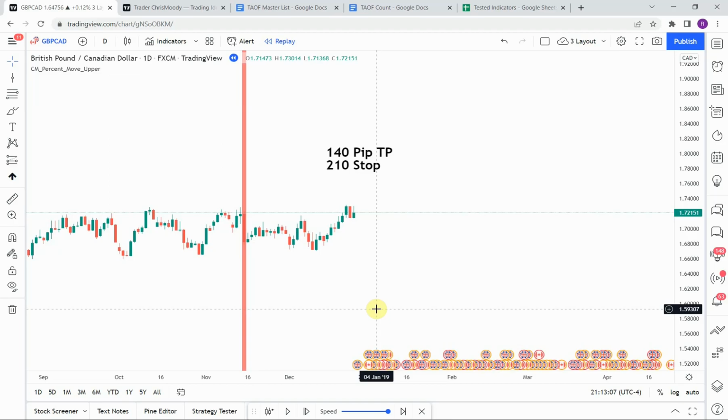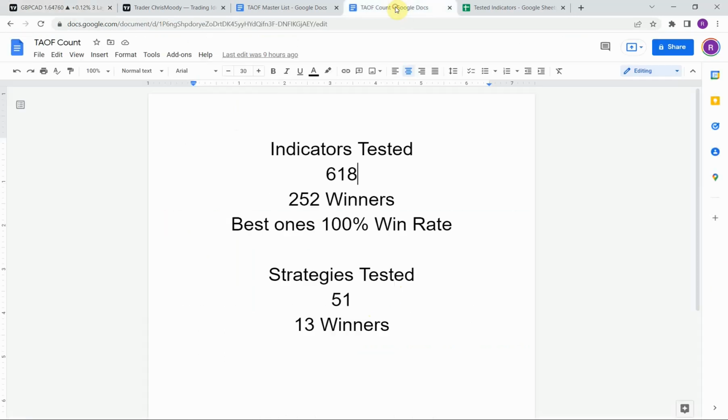Alright, as I said, today we will be testing the CM% move upper indicator. Before we do though, I wanted to put the testing scoreboard up for everyone to see. So to date, we have tested a total of 51 different strategies, with 13 of them being profitable. We've also tested a total of 618 indicators, with 252 of them being winners.